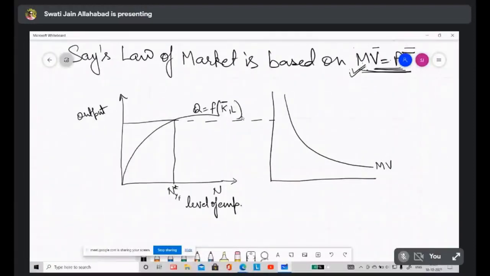So once you get the output level as Y1, you can always decide the level of prices. Okay, here you are taking P, that is the general price level. So with the given output level, you decide the price, given this MV.